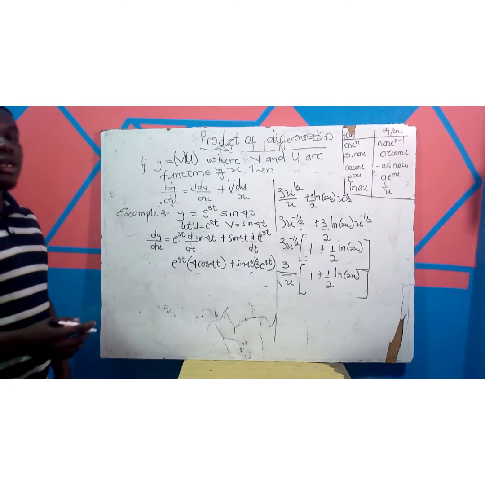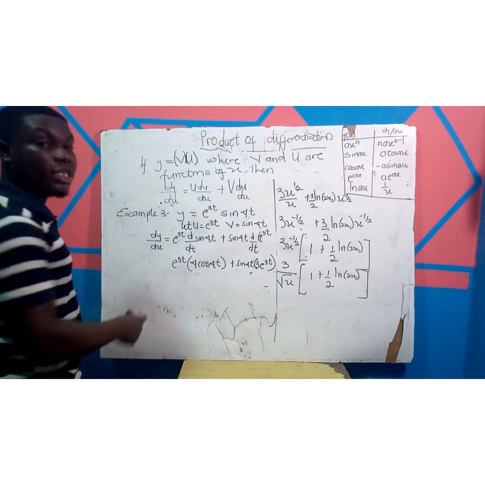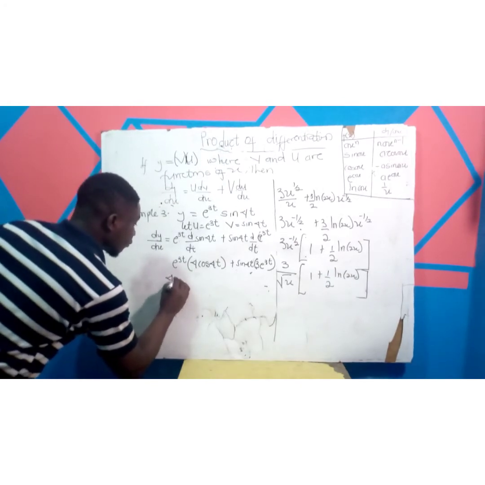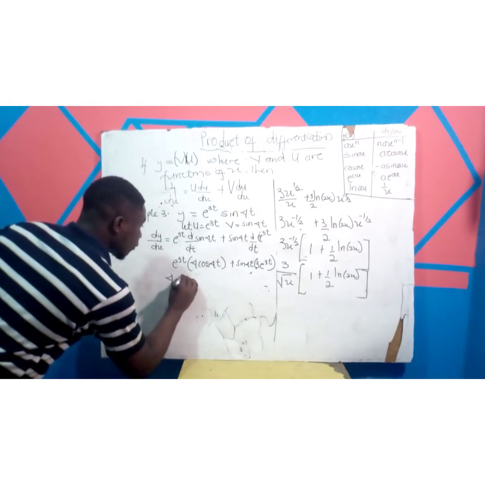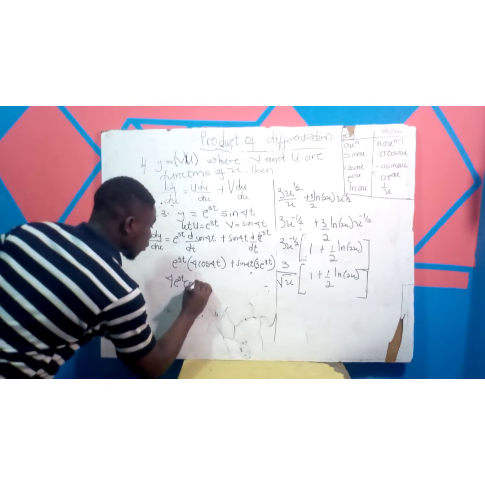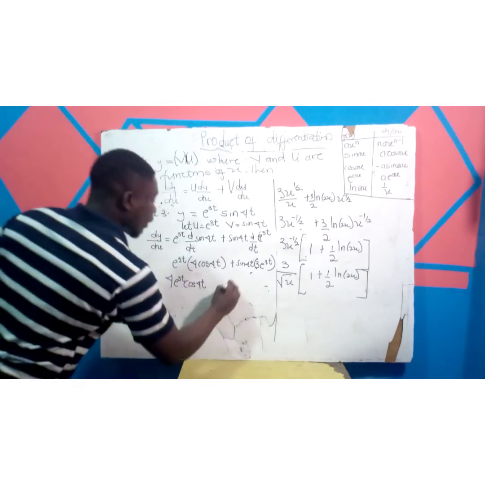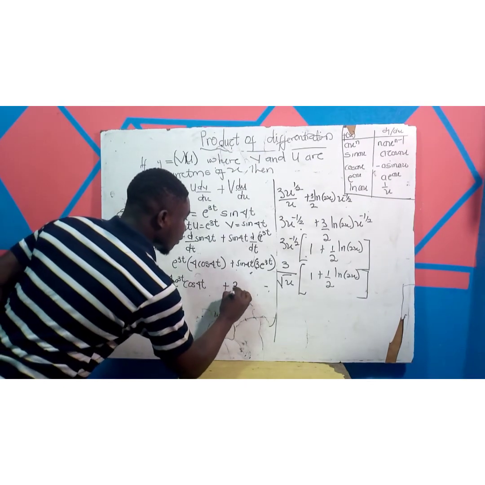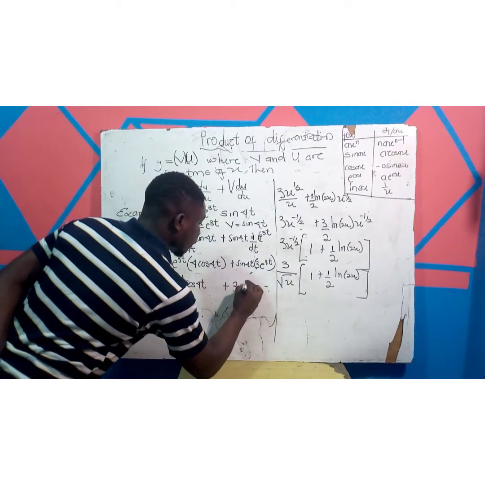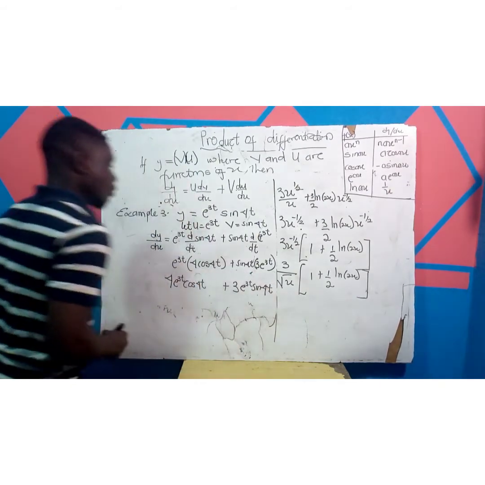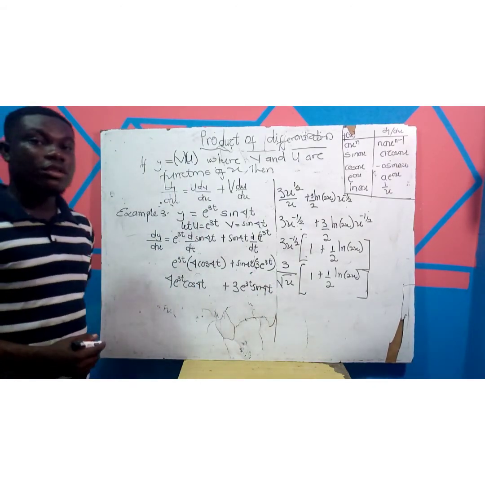So we have to expand the brackets now. Expanding this bracket will give us 4 e exponent 3t cos 4t, and expanding this bracket will give us 3 e exponent 3t sine 4t.